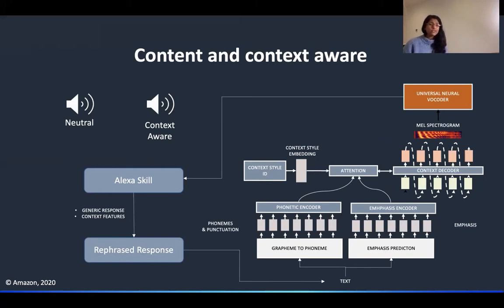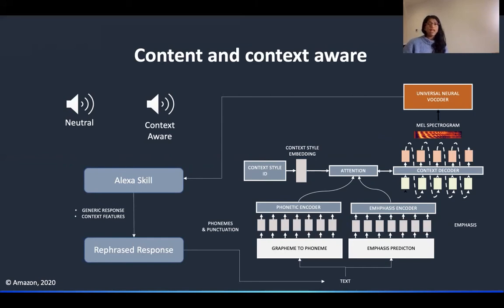And it is not just about the language, it is not just about rephrasing the response. It is also about adding the suitable amount of expressivity to it. So for example, if you have to say something like, that's fantastic, you have to attach a suitable expression to the word fantastic to convey the right meaning, because we often convey our intentions with the way we speak and not just by the content of the text.